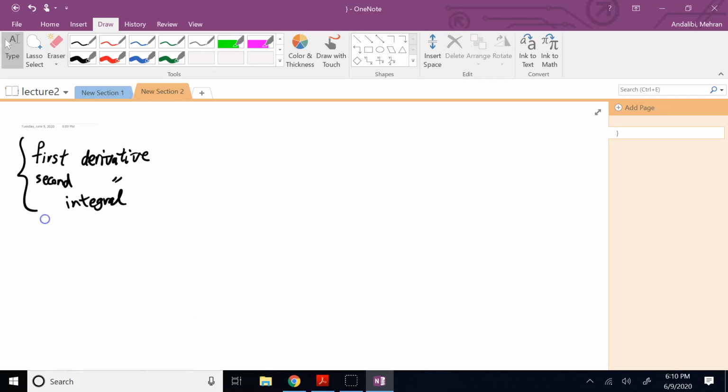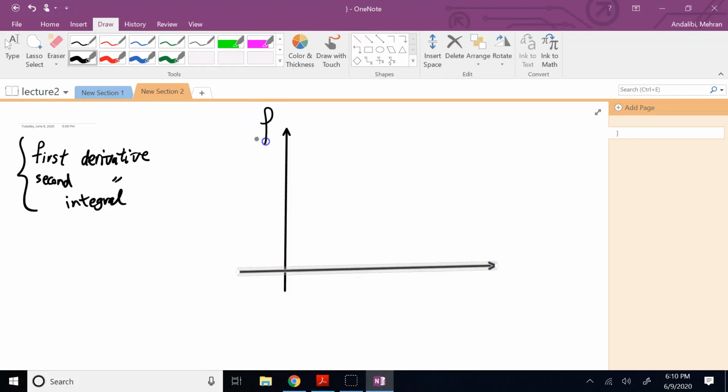Okay, so these are the stuff that you should have seen in your calc course, but I am going to emphasize those. So if you have a function like f versus or y versus x, and this is a test point, so at this point x1, let's say, what is the first derivative?